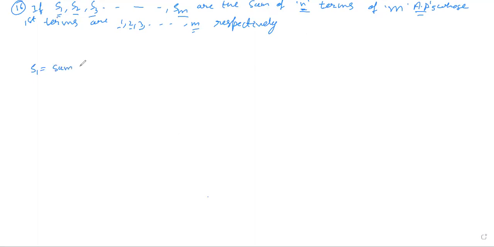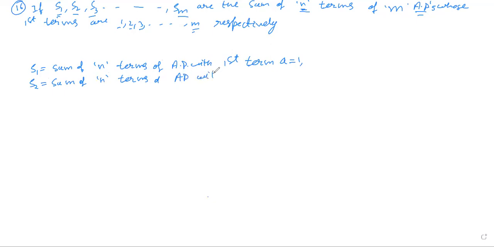If we separate them, S1 equals sum of n terms of AP with first term equals to 1. And S2 equals to sum of n terms of AP with first term 2.